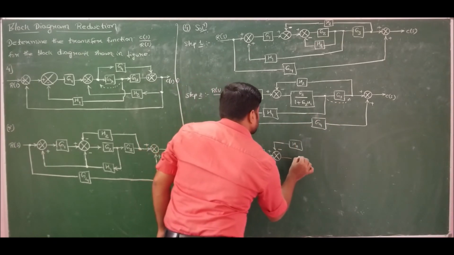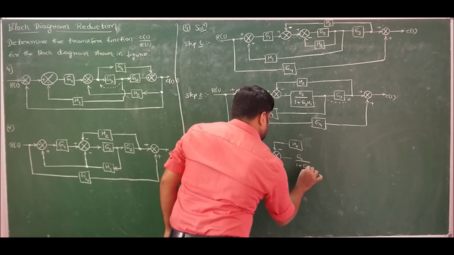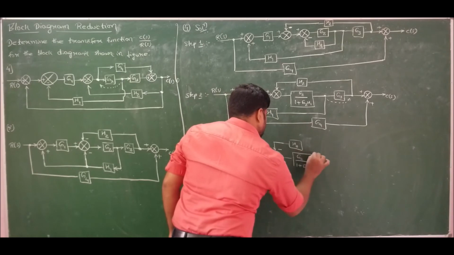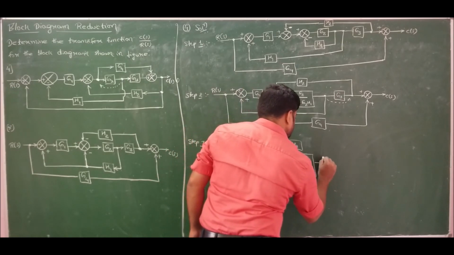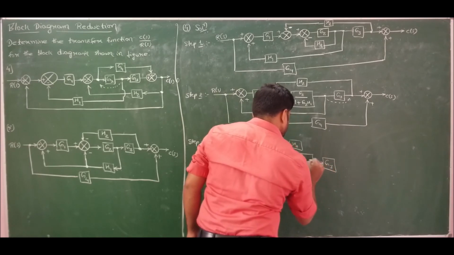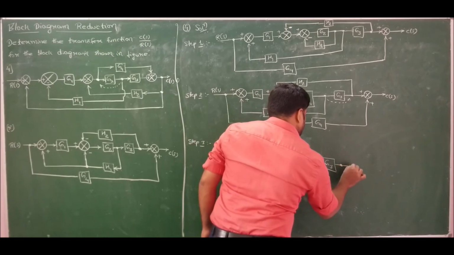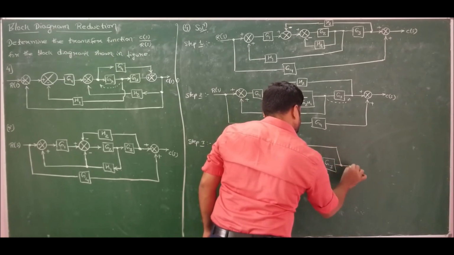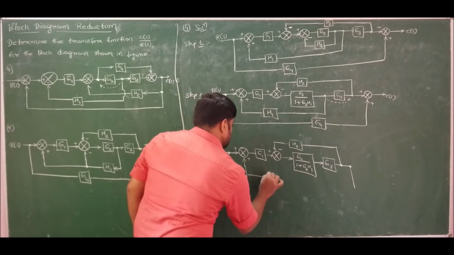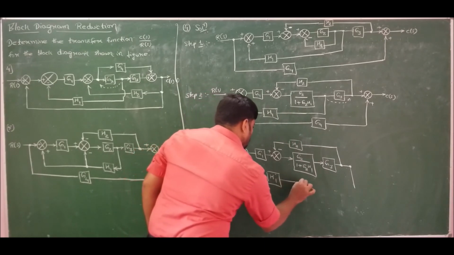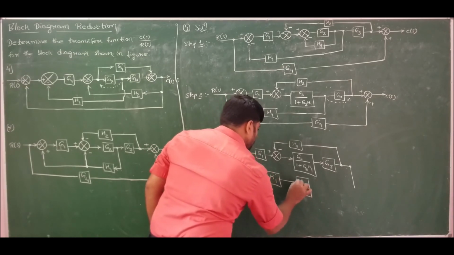If I do that, I will get G2 divided by 1 plus G2 H1. So G3 will come in, and I shifted and interchanged the positions. So now I will get the value as H1 and a block of inverse of G3, 1 by G3.